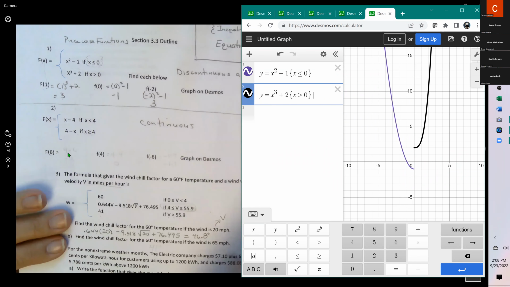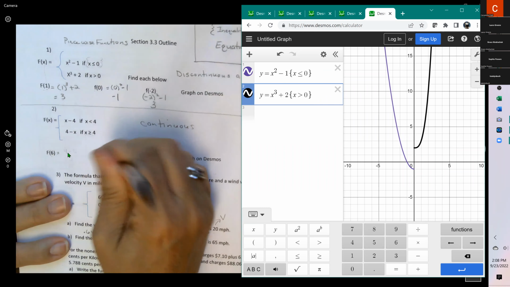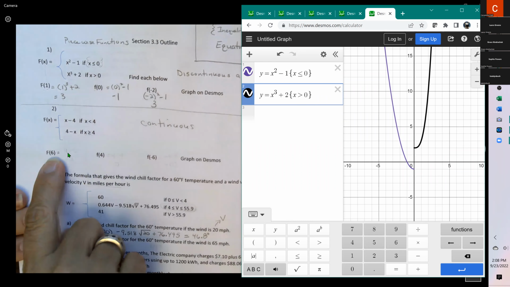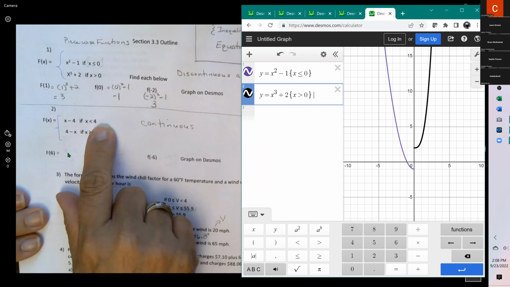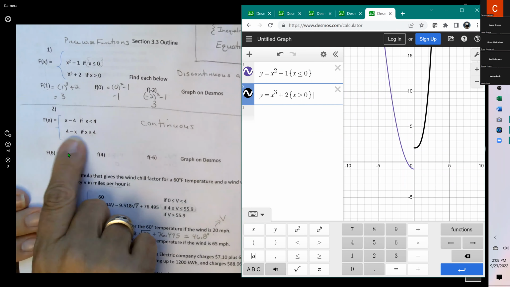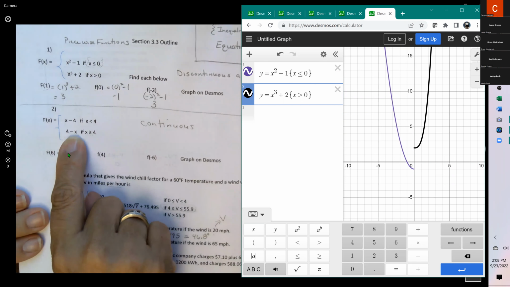Anyone? We'll see here which one it falls into. Is 6 less than 4? No. 6 is greater than or equal to 4, so I use this one. 4 minus 6 is -2.